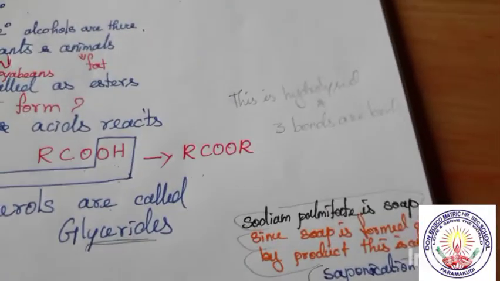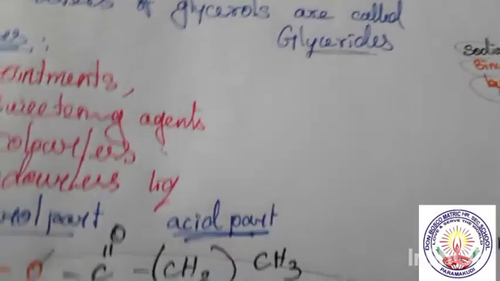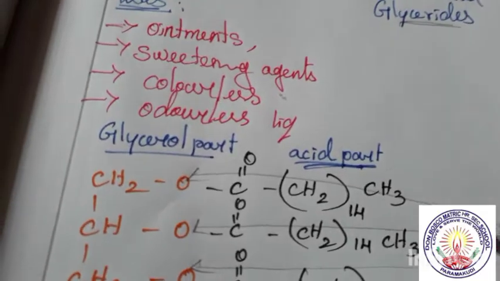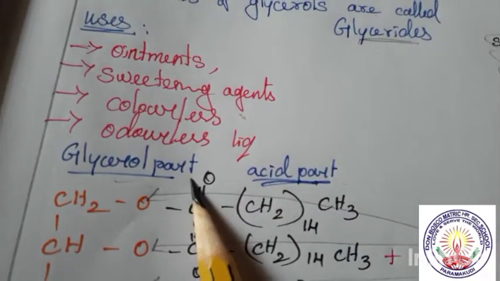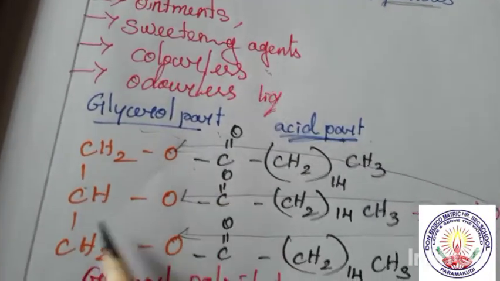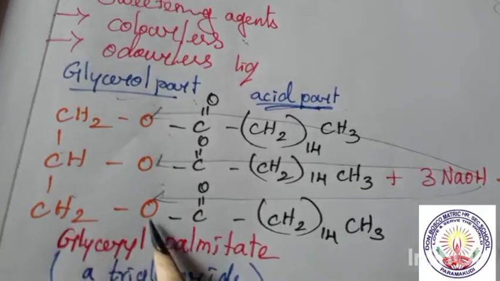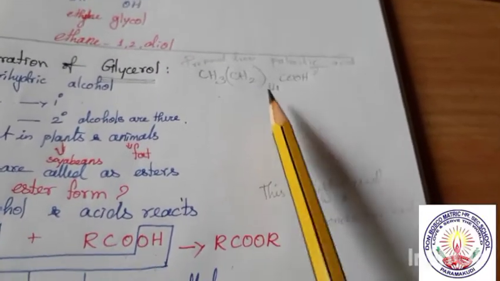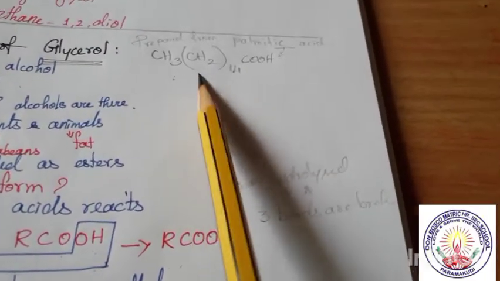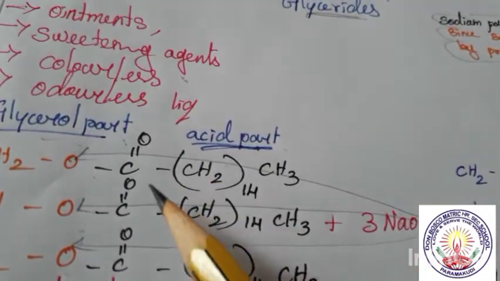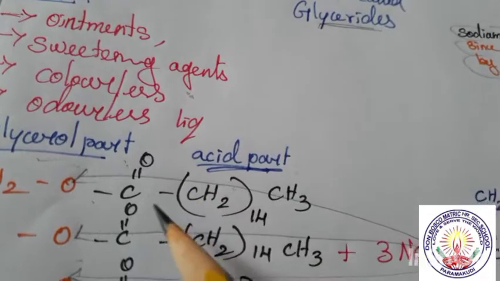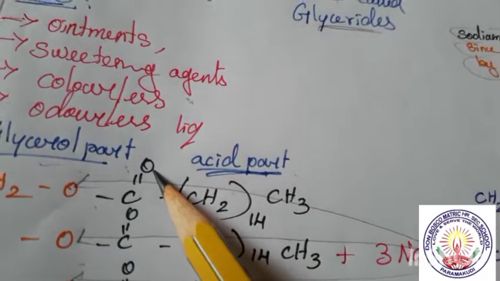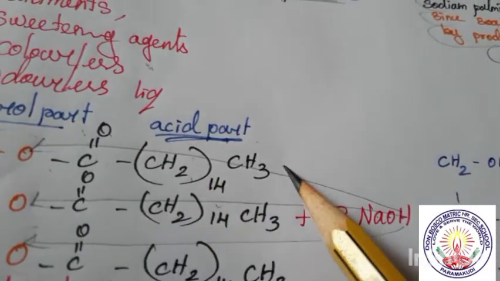Now we shall see the preparation of this glycerol. First the glycerol part we are writing, that is CH2O, CHO, CH2O. And this acid part, we have taken palmitic acid, that is CH3 (CH2)14 COOH. And the OH is removed, so C double bond O (CH2)14 CH3.